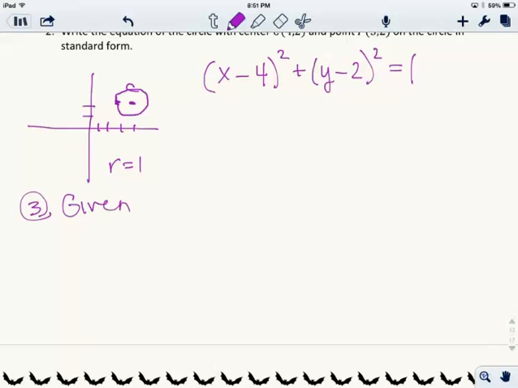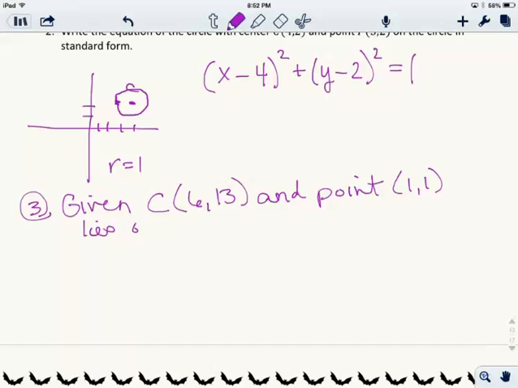Given center at (6, 13) and the point (1, 1) lies on the circle.